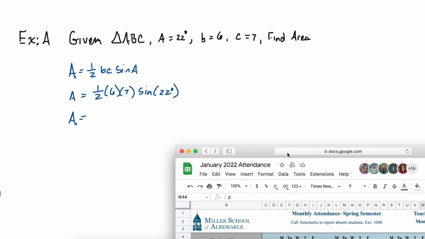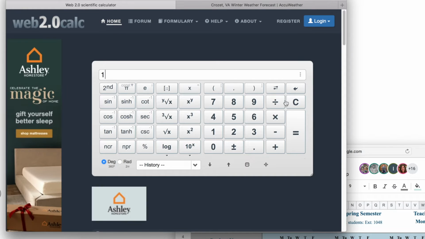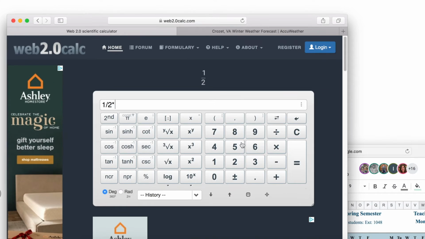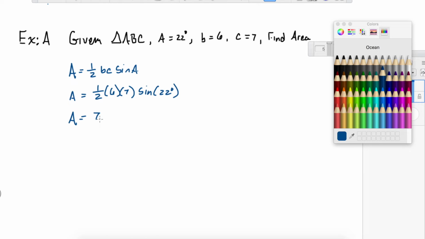Let's get our Web 2.0 calculator, and we've got 1 divided by 2 times 6 times 7 times sine 22 equals 7.87 units squared. All right, that's it. Pretty straightforward.